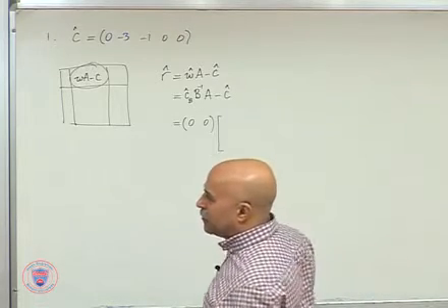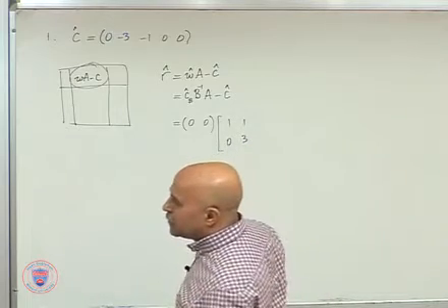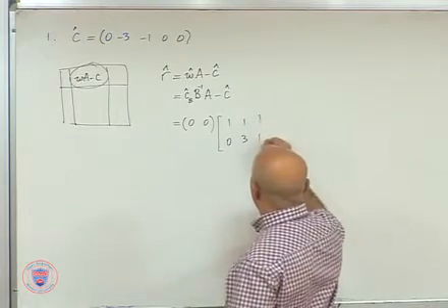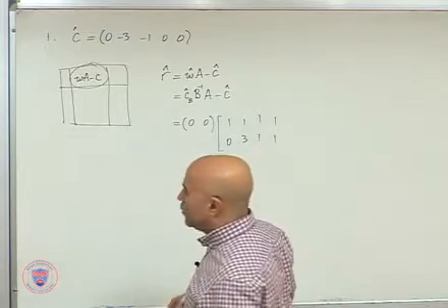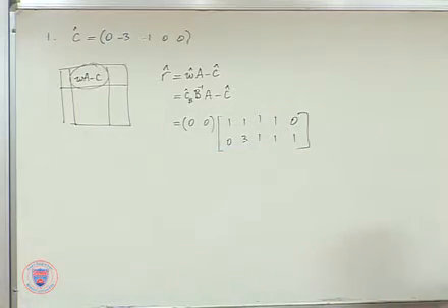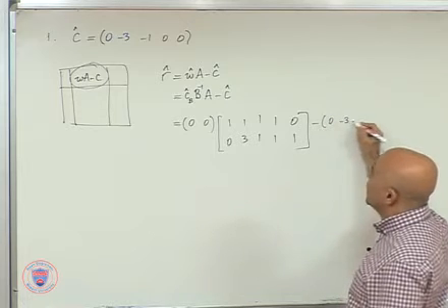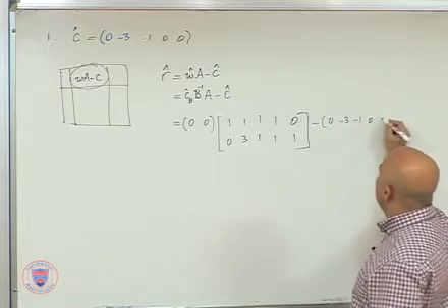How much is it? 1, 0, 1, 3. 1, 1, 1, 1. And 0, 1. That's your B inverse A. Minus C cap, 0, -3, -1, 0, 0.